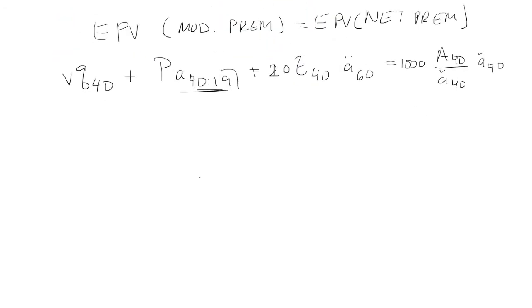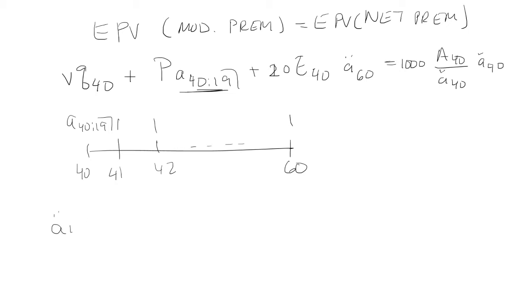Now let's talk about this formula. ä40 angle 19 means start at the end of the first year. This will be 40, this will be 41, so pay at the end of the year, which happens to be the beginning of the next year, so age 41, and go all the way up to age 60.